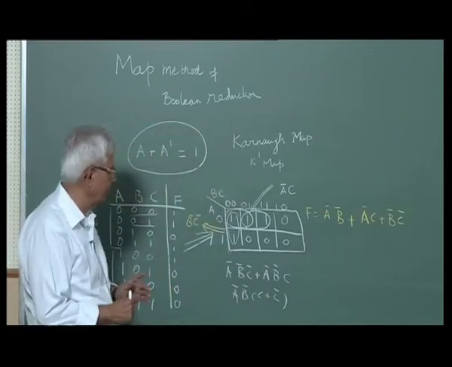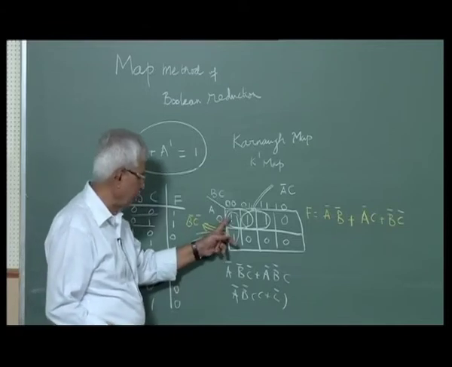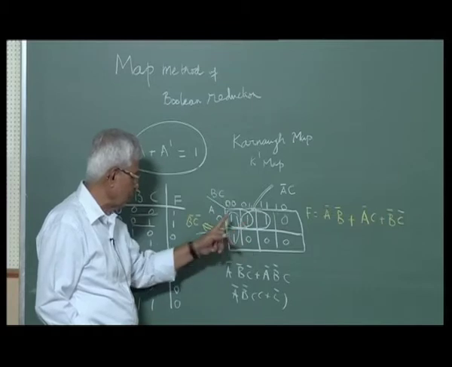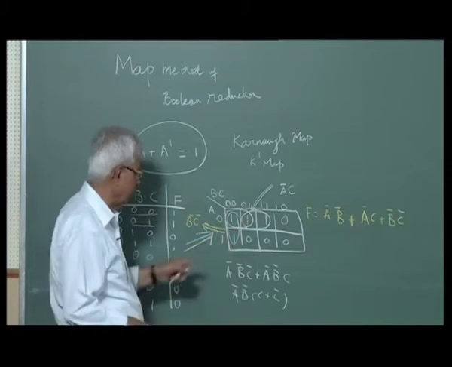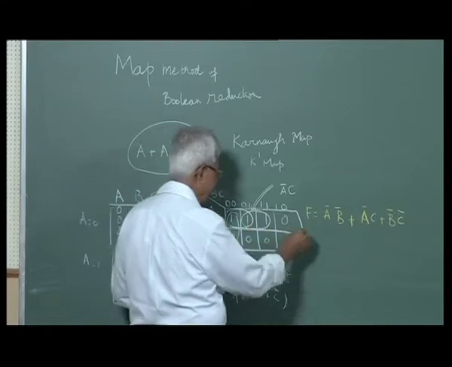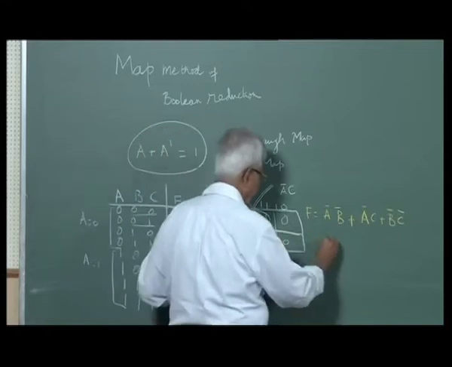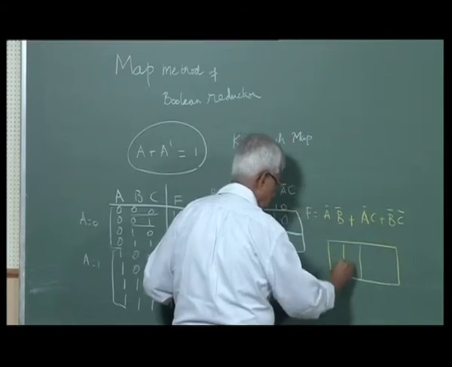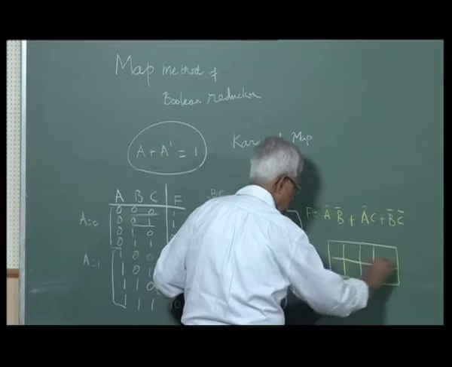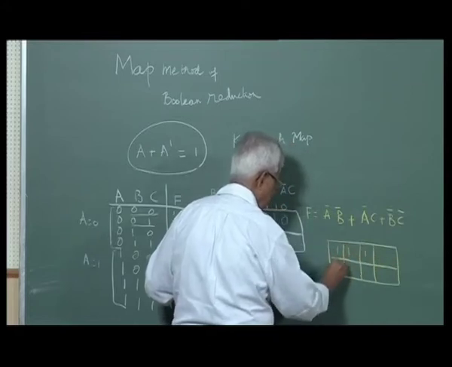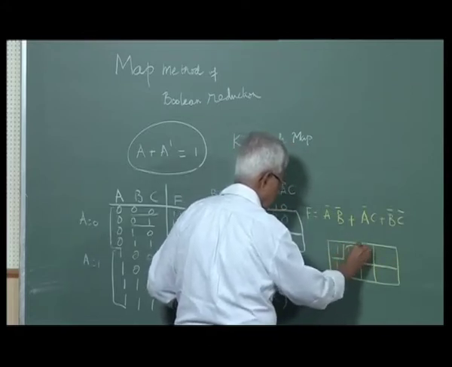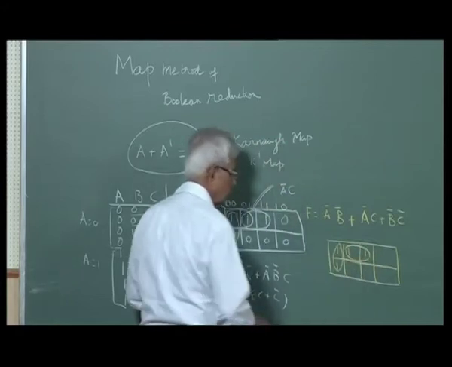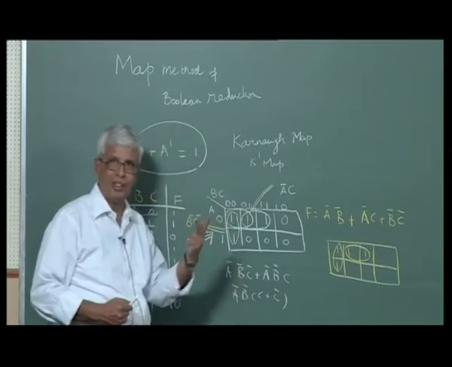Again, I have combined this one along with this, along with this. This one goes with this and this. So I could have simply done it differently. I could have done it this way. Two groups of ones are enough.